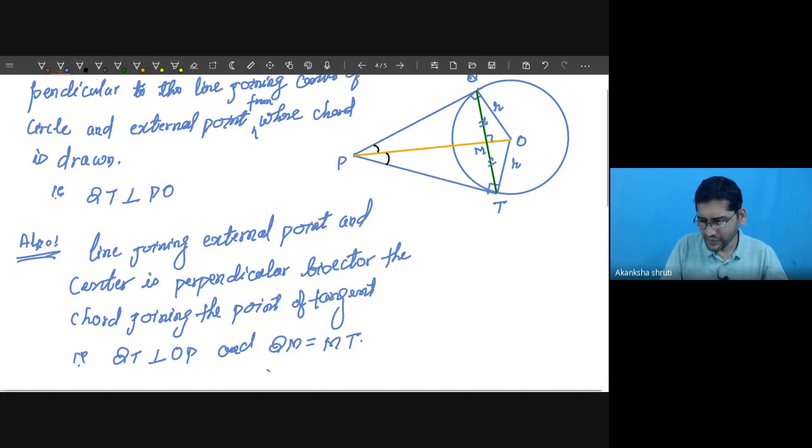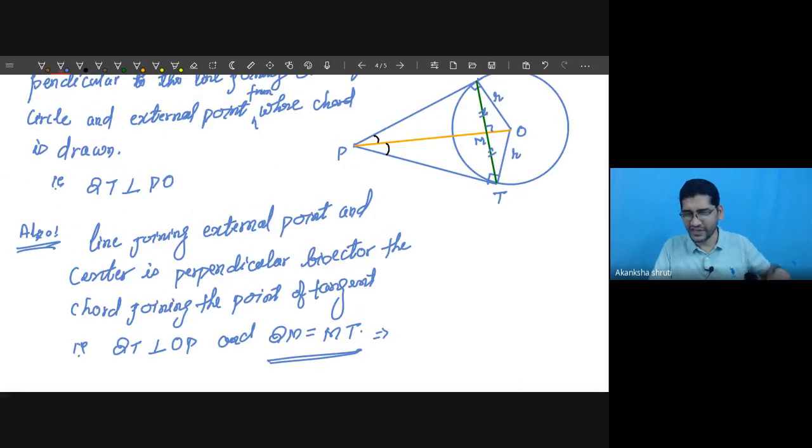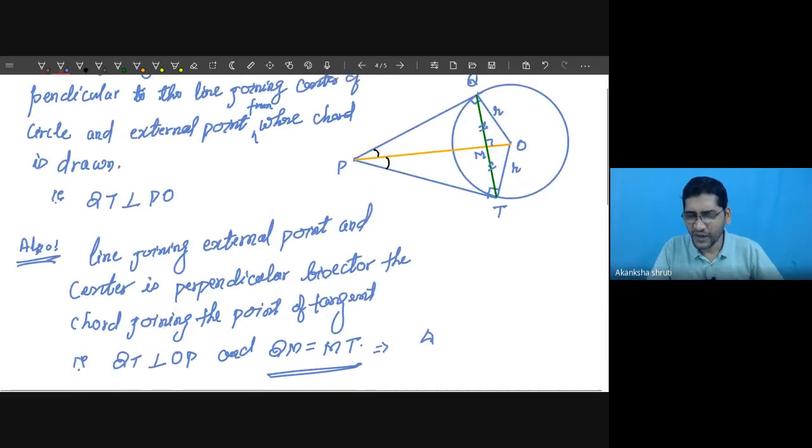Students, this can be proven separately also. How? If it is required to be proved that this is bisecting, then you can take triangle QMO and the other side triangle TMO.